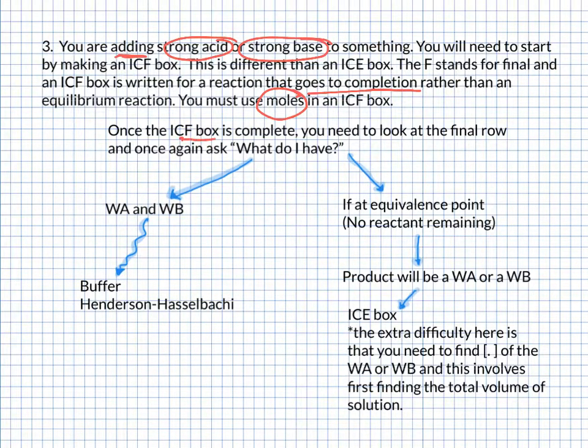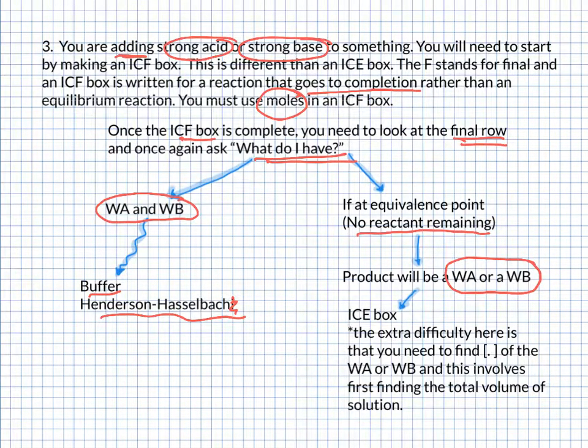Once your ICF box is complete, you look at your final row and ask yourself again, what do I have? If you have both a weak acid and a weak base, you've got a buffer, and you fill in the Henderson-Hasselbalch equation. If you're at the equivalence point, which means you have no reactant remaining, both of the reactants are now 0, your product will end up being either a weak acid or a weak base.